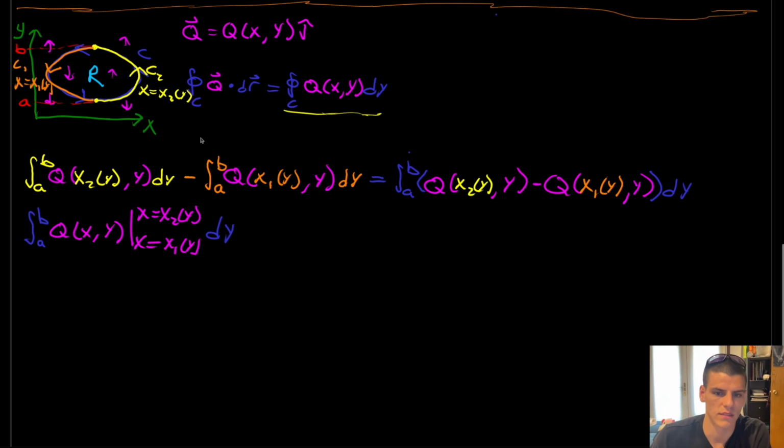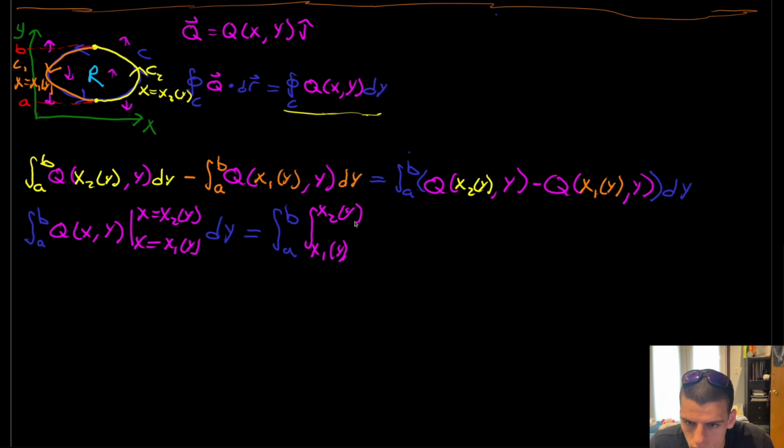And then same thing as last time, we'll rewrite this as the integral from a to b, and then on the inside, we'll have the integral from x1 of y to x2 of y. So these are just functions of y, basically, on the inner integral.